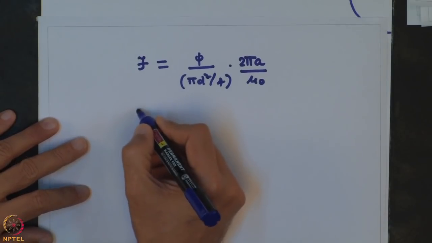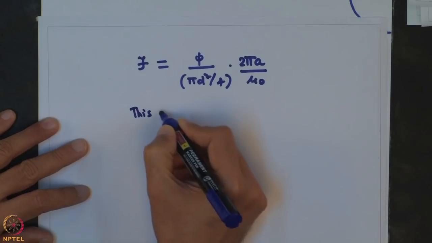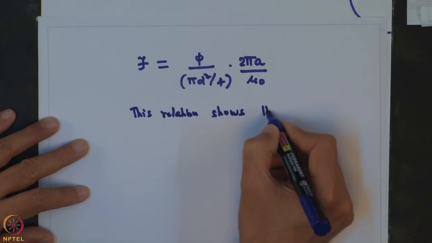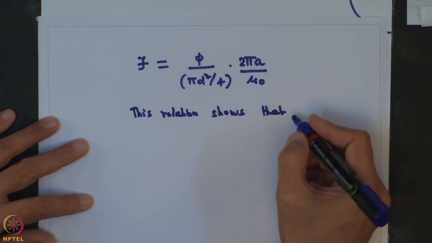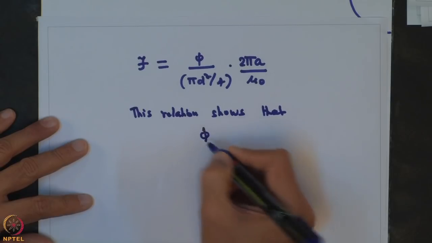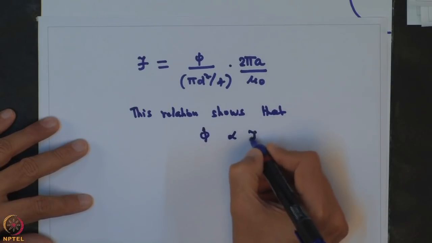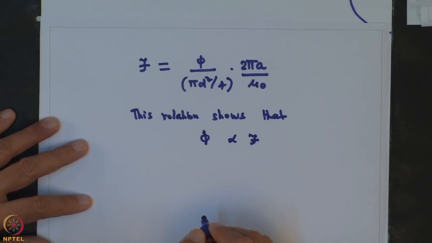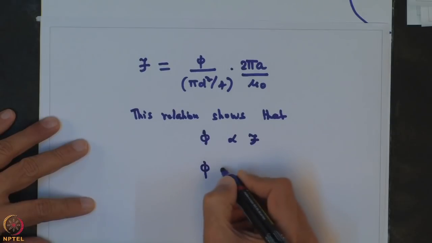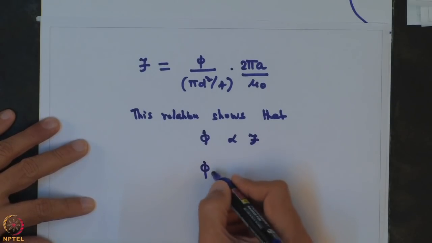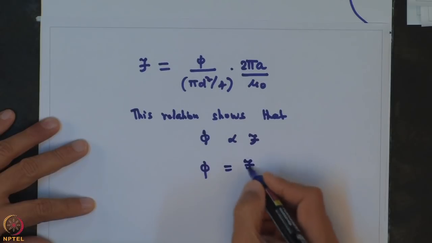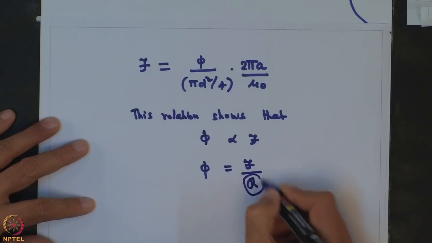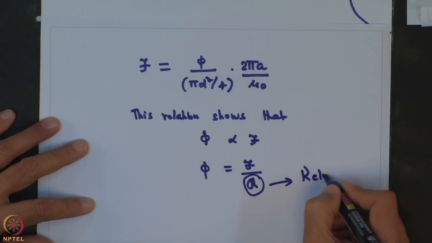This relation shows that phi is proportional to the magnetomotive force F, or using the proportionality constant we can write phi to be equal to MMF divided by R, where R is defined as reluctance.